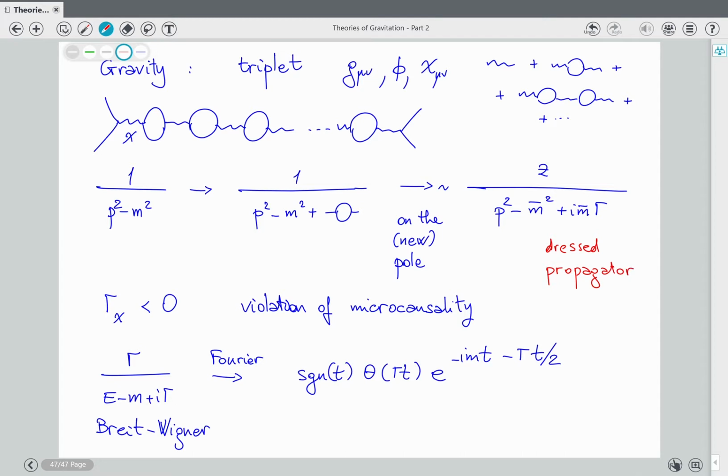The dressed propagator means that you have a correction there, so that correction may change the position of the pole, and this is the form of the corrected propagator around the new pole.